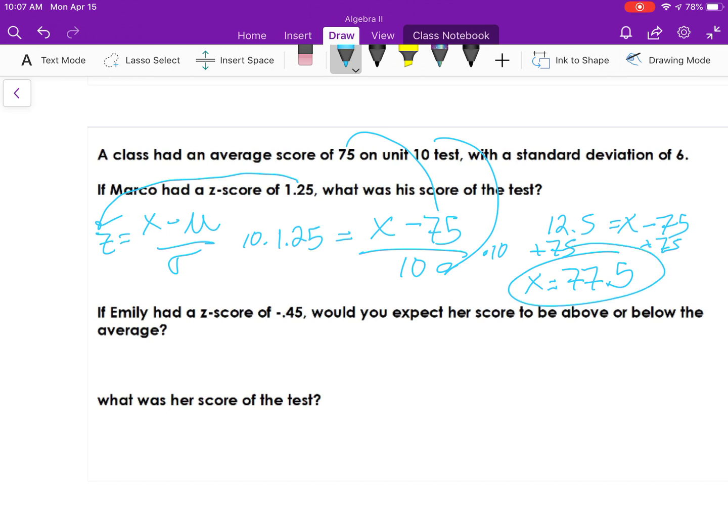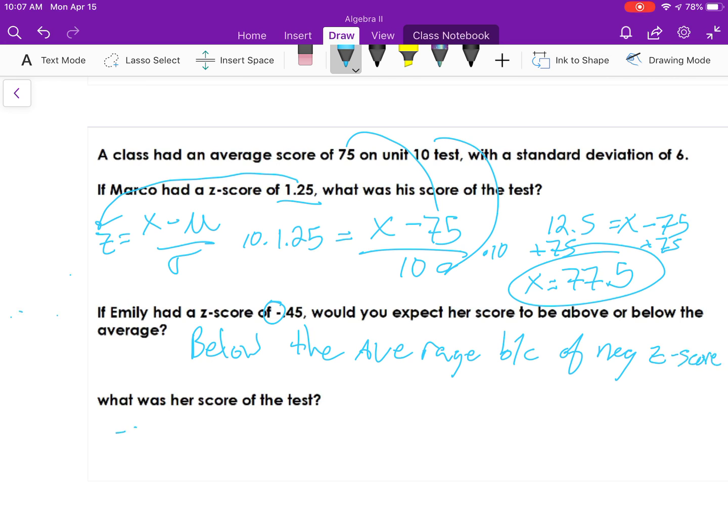So that means that this person, if they got a Z-score of 1.25, had an original score of 77.5. Which makes sense because we've got a positive Z-score. He should have done better than the average. So what does that mean about Emily here with a negative Z-score? Well, that means that she's going to have a score that was below the average because of that negative Z-score.